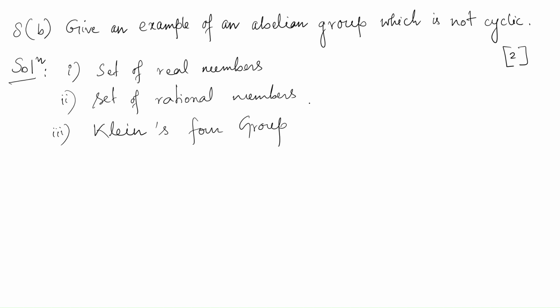Both of them are abelian groups and they are not cyclic. Example 3, Klein's 4 group. It is also an abelian group but not cyclic. Here the first two examples are infinite groups and Klein's 4 group is a finite group.